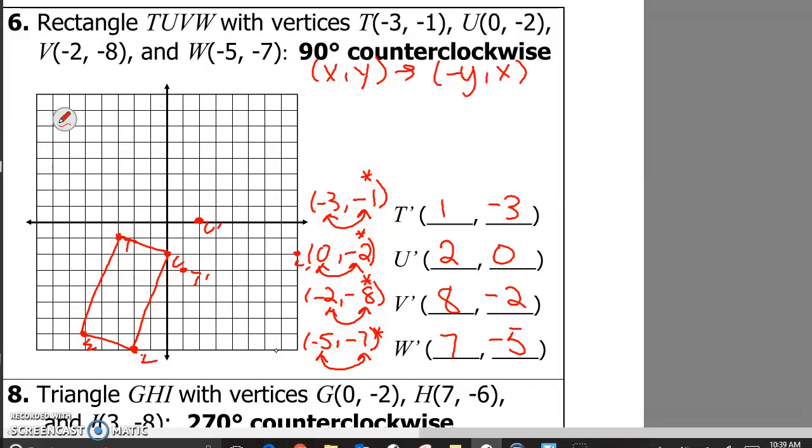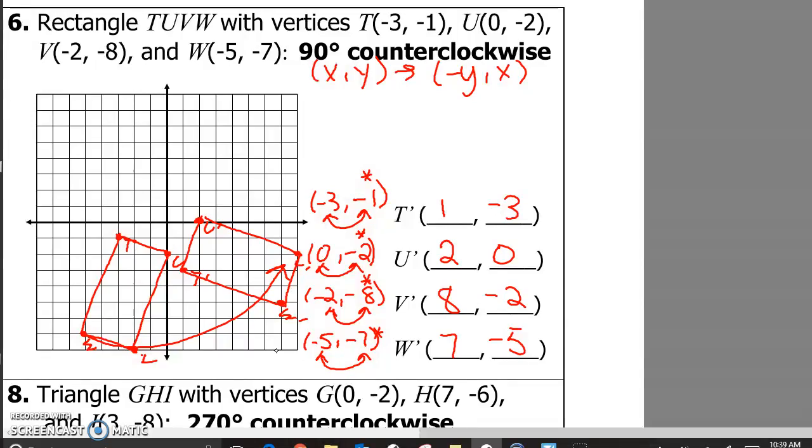And W, we've got 7, negative 5. So you can almost see how it just turns there. It's rotating that 90 degrees.